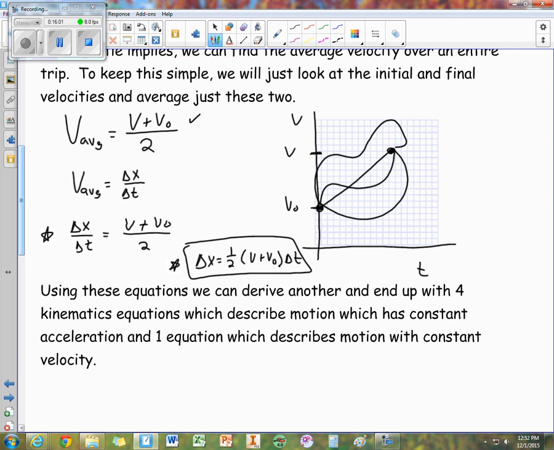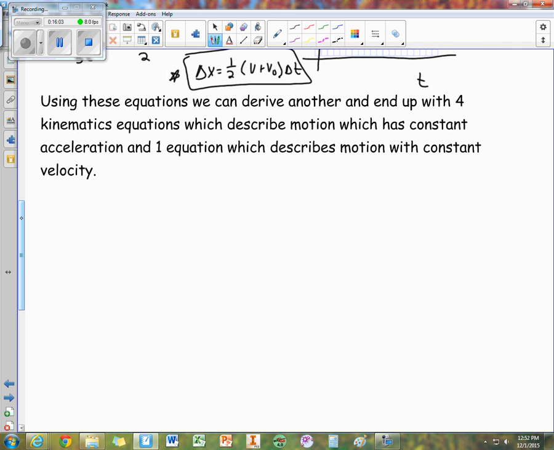All right, now we can start putting all this together. Using these equations, we can derive another one ending up with a fourth kinematics equation. So we can have 4 kinematics equations for constant acceleration and 1 for constant motion. So if I go to this equation, and if I were to use my acceleration equation, I can solve this for delta t and plug it in up here.